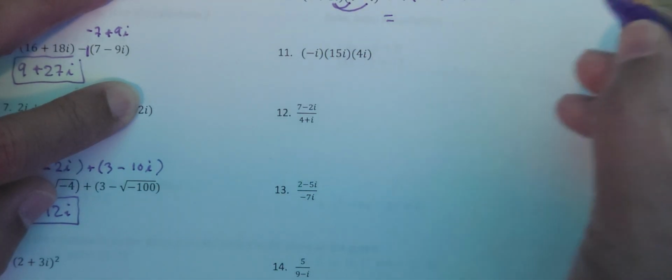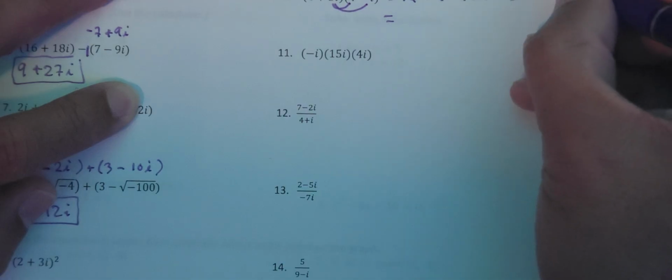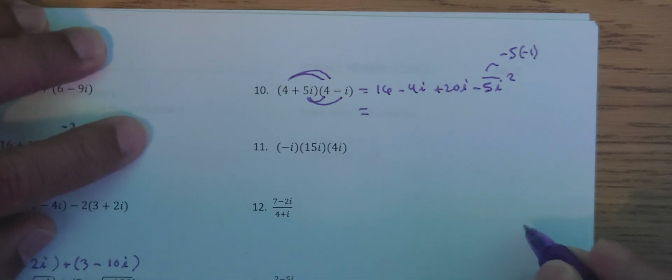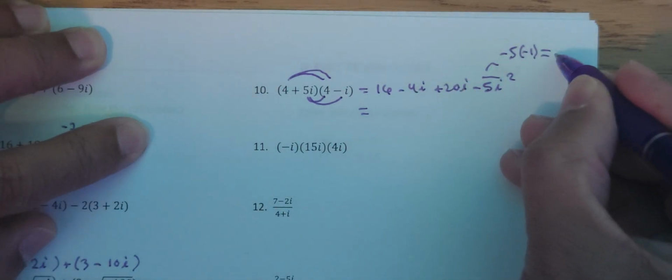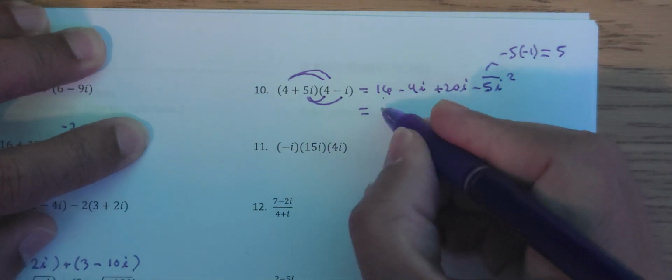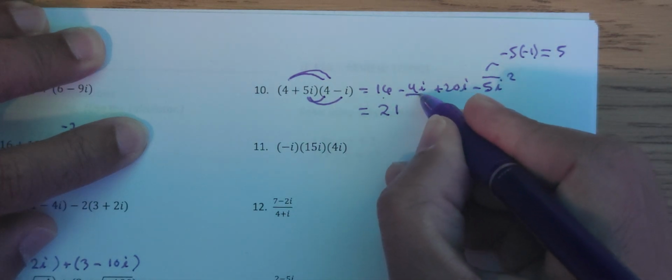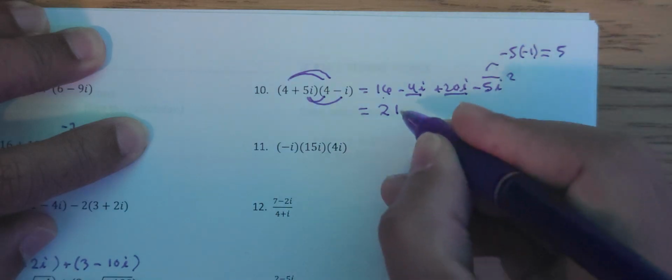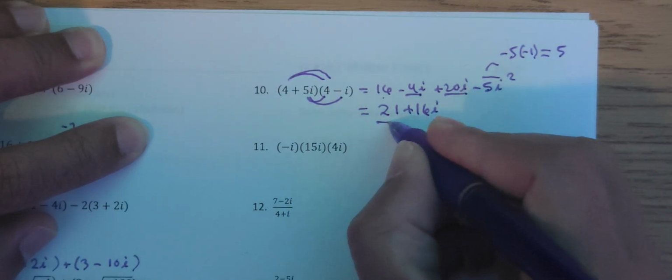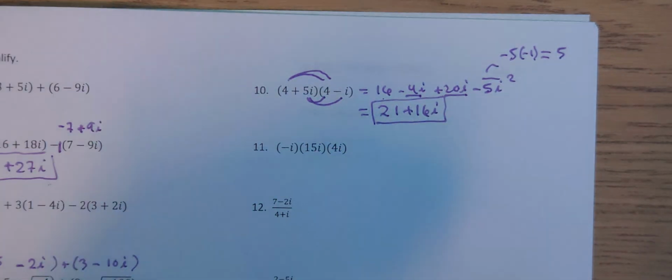So then don't forget this one here becomes negative 5 times negative 1, because i squared is negative 1, right? So then we have negative 5 times negative 1 is positive 5. When I combine 16 and 5, they combine to 21. Negative 4i plus 20i combine to positive 16i, and this is the answer to number 10. All right, let's see what else.